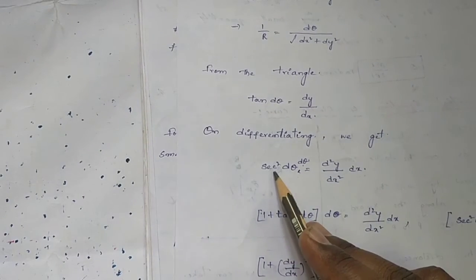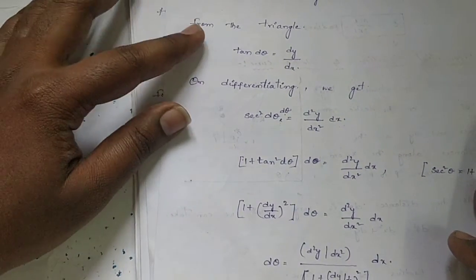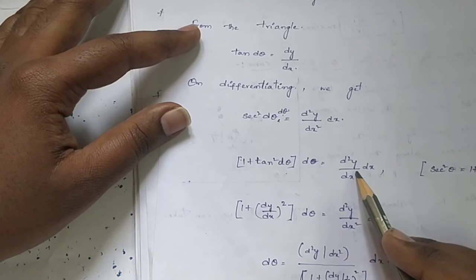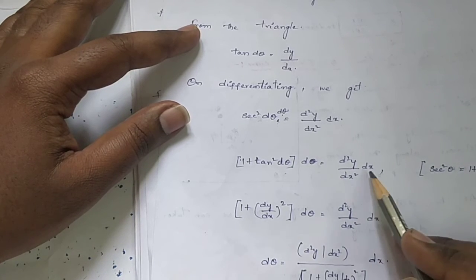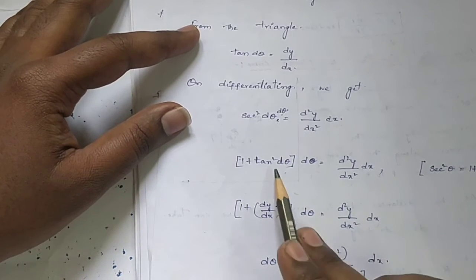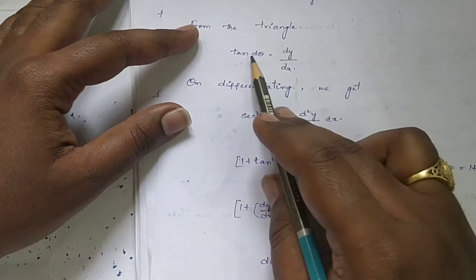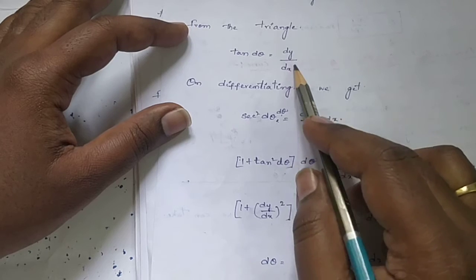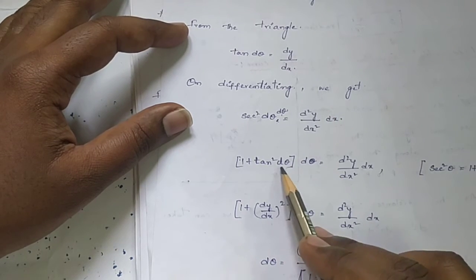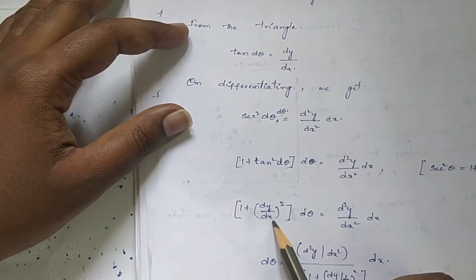Secant square d theta can be written as 1 plus tan square d theta, into d theta, equals d square y by dx square into dx. Tan d theta equals dy by dx, so in place of tan d theta we write dy by dx.